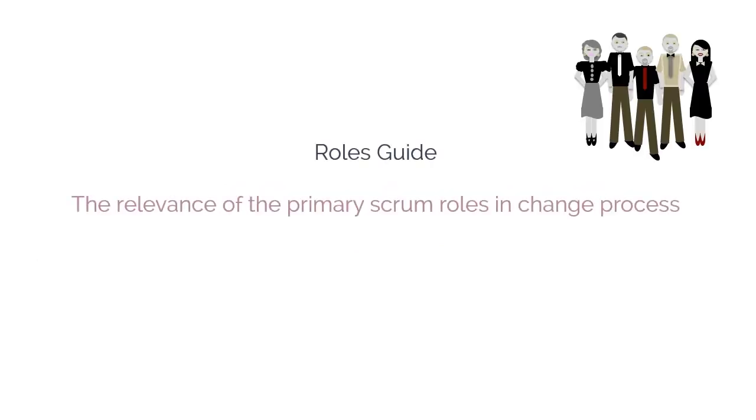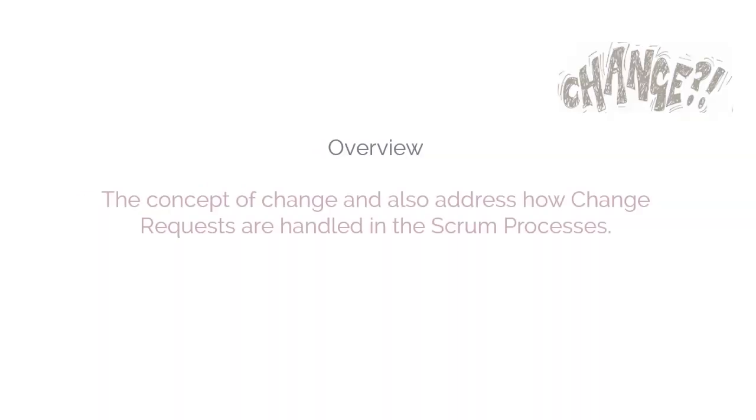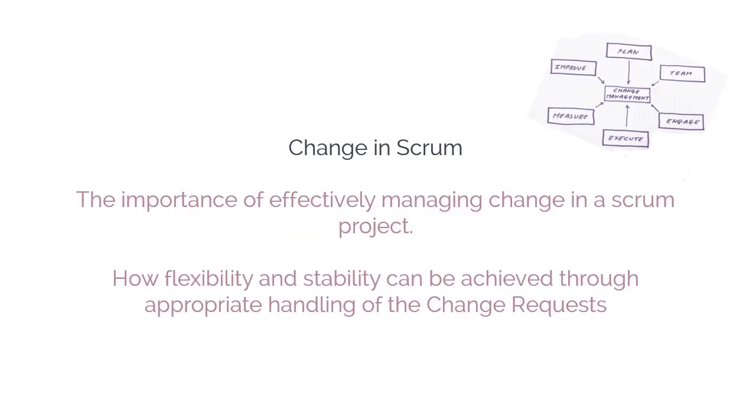This chapter is divided into the following sections. The first is Roles Guide, on the relevance of the primary Scrum roles in the change process. The second is the Overview section, which defines the concept of change and addresses how change requests are handled in the Scrum process. The third is Change in Scrum, which explains the importance of effectively managing change in a Scrum project.